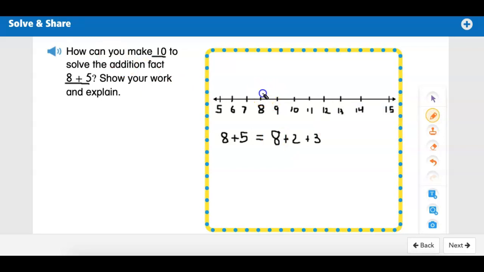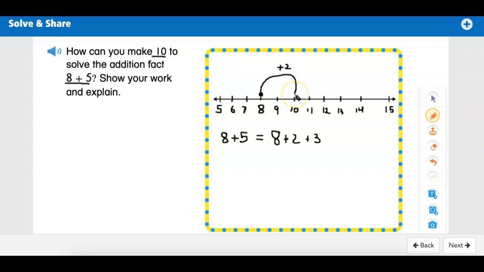So on my number line, if I were to begin at 8, because I am adding 8 and 5 together, so now I want to jump 5 spaces. But remember that 2 plus 3 is the same as 5. So what if I jumped 2 spaces? So I'm going to write plus 2.